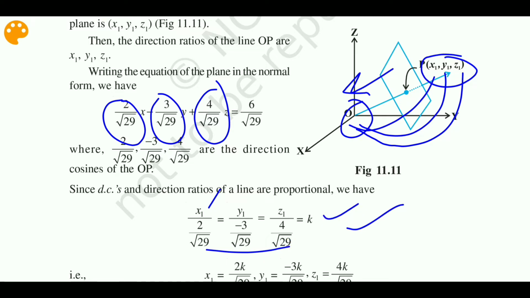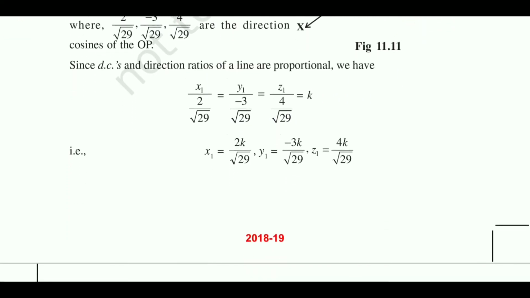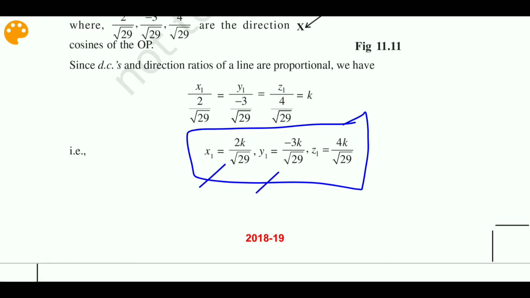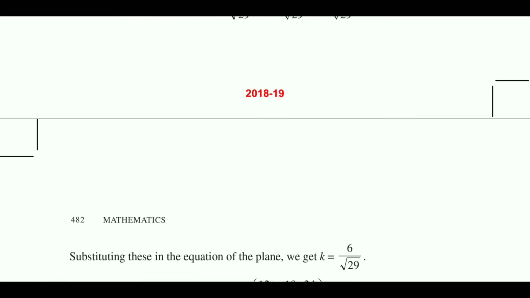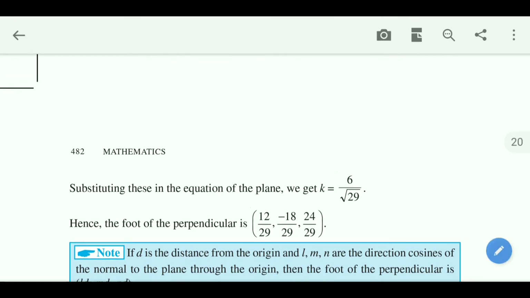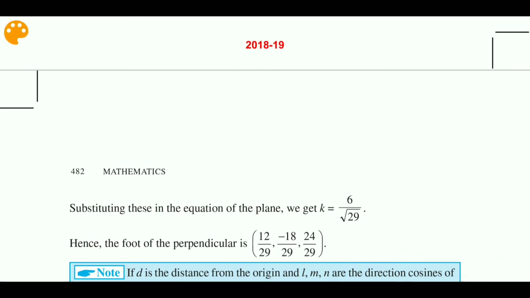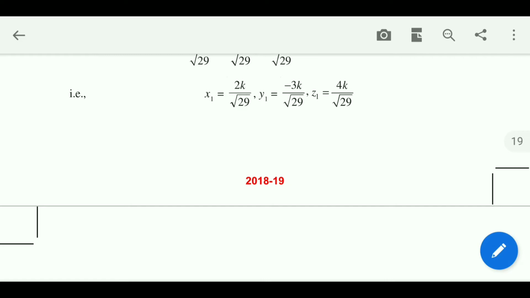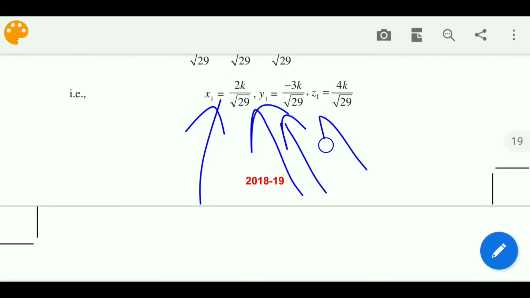From there we will get the corresponding values of x1, y1, z1 in terms of k. Since this point x1, y1, z1 is also on the plane, we put these values in the plane equation. By substituting in the equation of the plane, we get the value of k. If we get the value of k, then substitute it back into these equations. From there we will get the values of x1, y1 and z1.